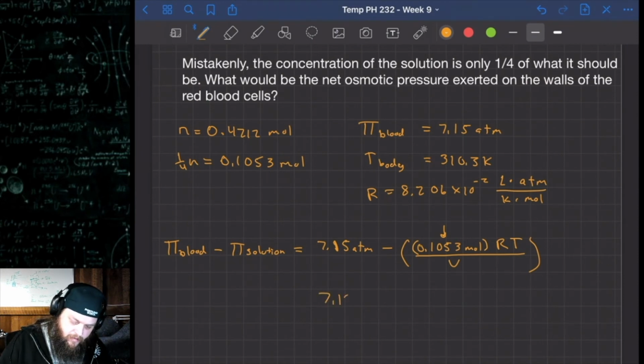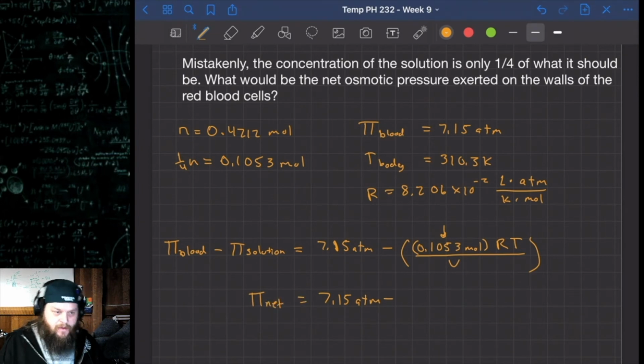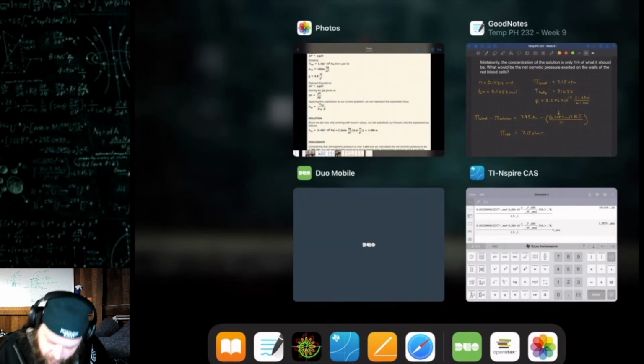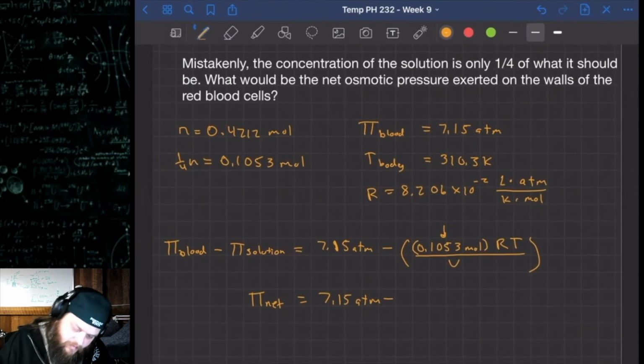So the net osmotic pressure is the osmotic pressure of the blood, 7.15 atmospheres, minus 1.7875 atmospheres.